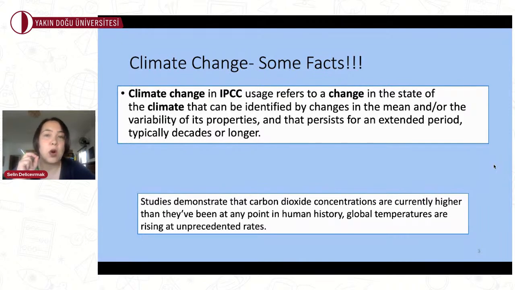The important point is that this should persist for an extended period of time, typically decades or longer. So we are not talking about day-to-day change. That's weather, it's not climate change. If we are talking about climate change, we need to see change for an extended period of time.